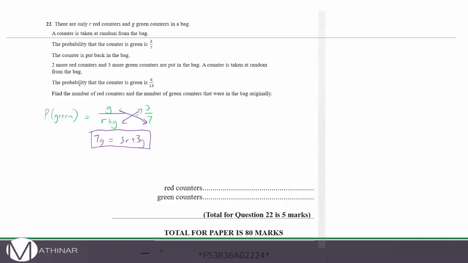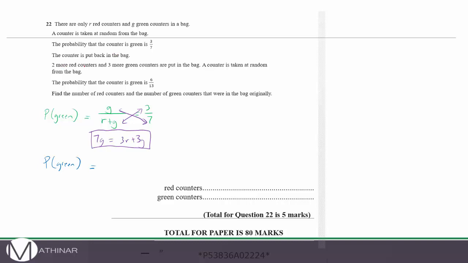So let's read on. 2 more red counters and 3 more green counters are put in the bag. A counter is now taken at random from the bag. Find the probability that the counter is green. So let's try this again. Now the probability of green is the number of green counters. We picked a counter and put it back in the bag, so we still have the same number of counters to start off with.